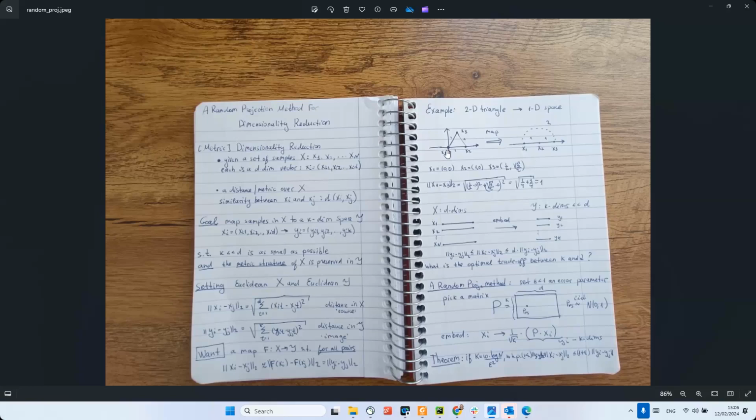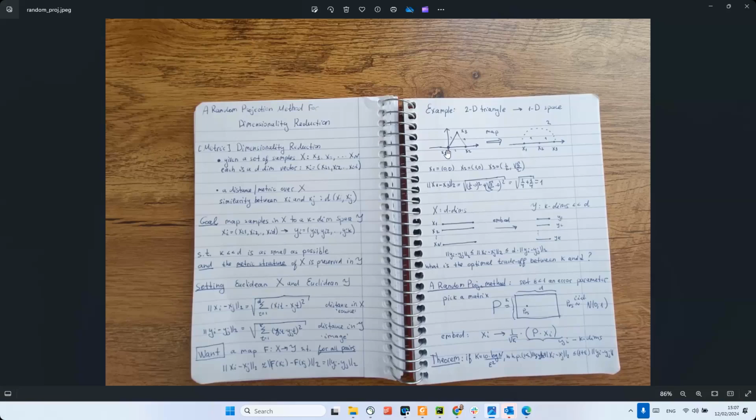So what is this Euclidean distance? Given this finite set of samples X, we assume that the distance between xi and xj is just the Euclidean distance, the formula written here, which is basically just the length of the straight segment connecting xi to xj. This is how we measure it.